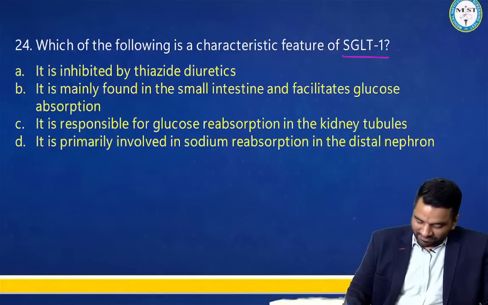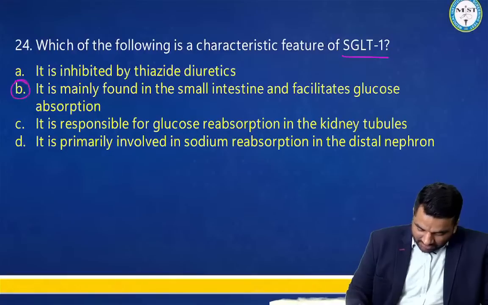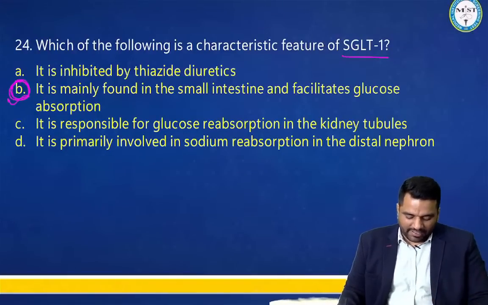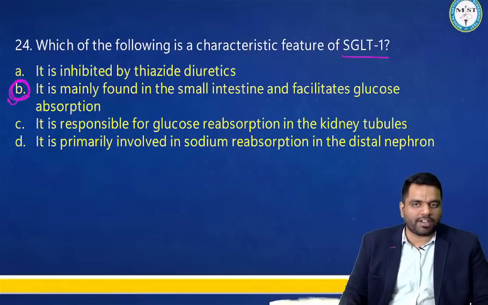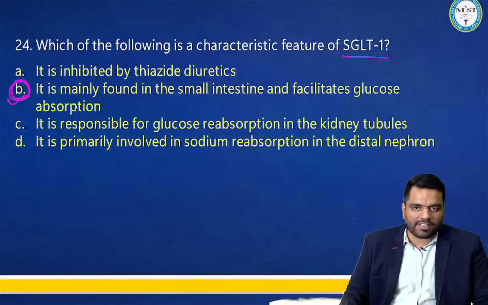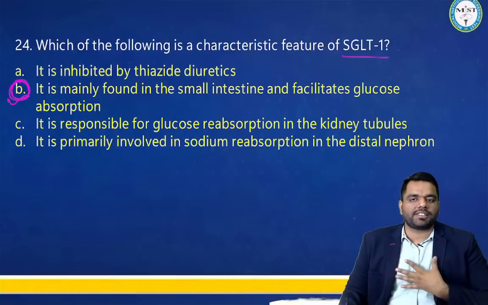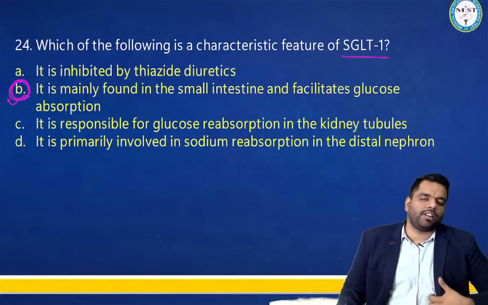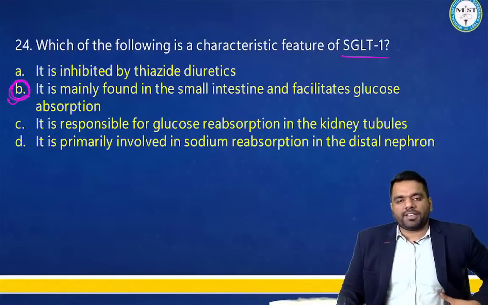Wonderful. So the right answer of this question is option B. That is, it is mainly found in the small intestine and it facilitates glucose absorption. That is why in diarrhea, when there is a disbalance of the electrolytes, we require sodium inside the body. Sodium is not going to stay inside the body in the absence of glucose.